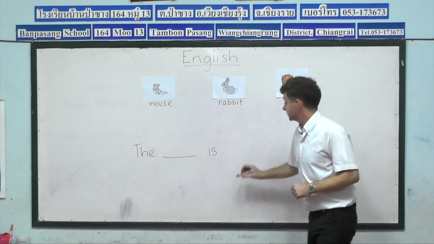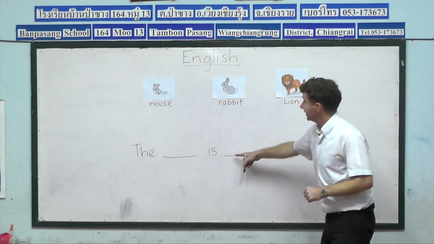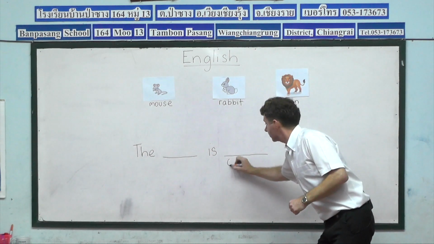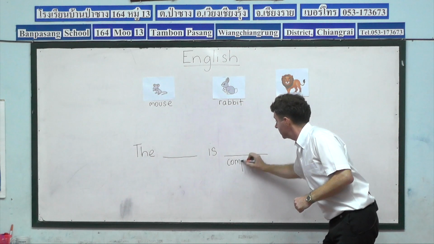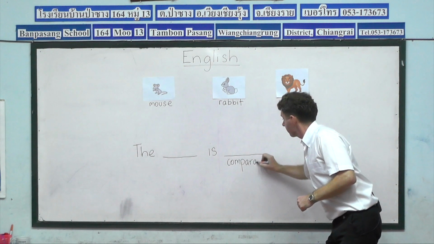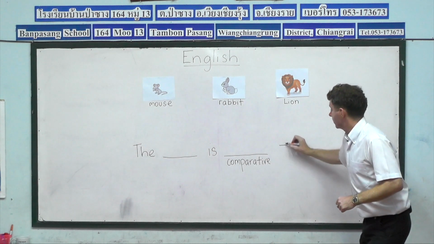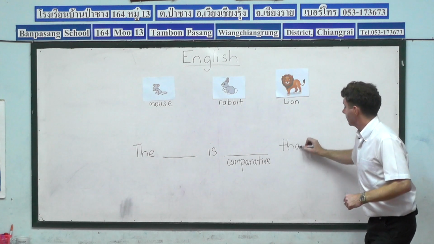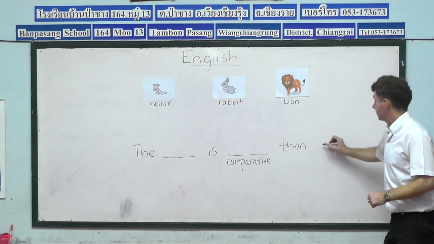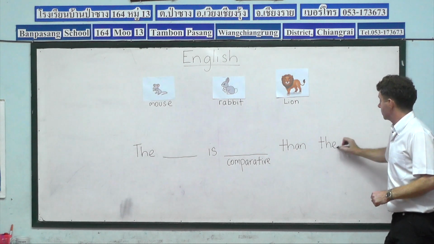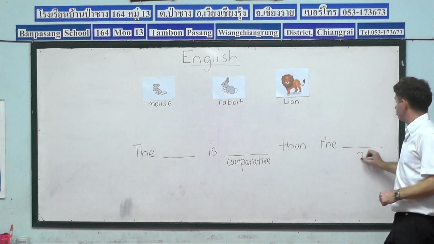Is. Then this space here is for our comparative. So I will write underneath than, the, and this is our second thing.